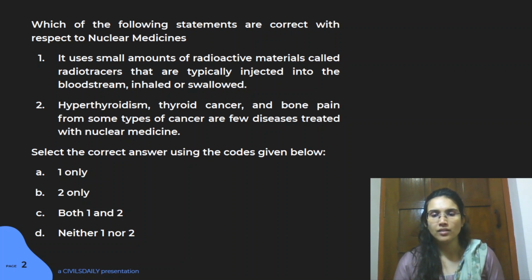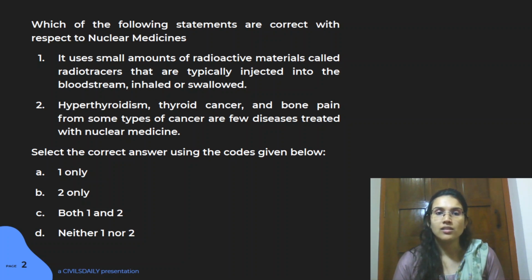Radio tracers are injected into your blood, and they examine the whole area, and these radio tracers give out gamma rays. Then these gamma rays are detected with the help of a camera, and the inside of the body is detected and an image is created.